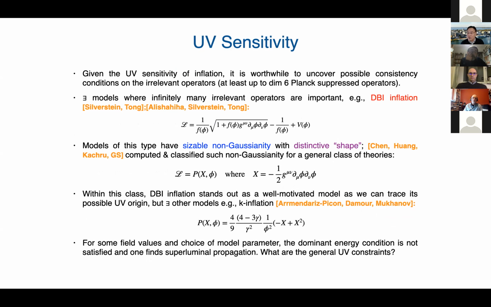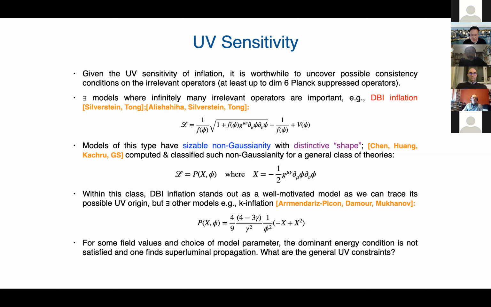However, there are also models where infinitely many, and not just the leading operators, are important. This is the case for DBI inflation, where infinitely many higher dimensional operators sum to a square root. And there are also recent extensions of this idea where the infinite series sums to a log.